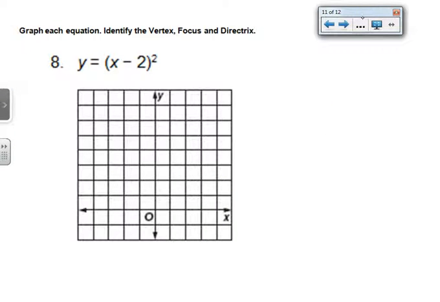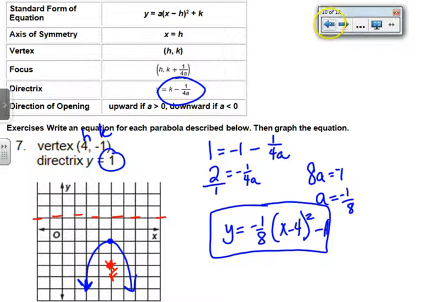This last question, graph it, identify the focus, directrix, and vertex. So kind of like how we began the problems, except we're going to graph everything. So the vertex is pretty easy to identify. That's 2, 0. And if you remember how this is identified, this is the h and this is the k. Remember, the focus is at h and then k plus 1 over 4a.